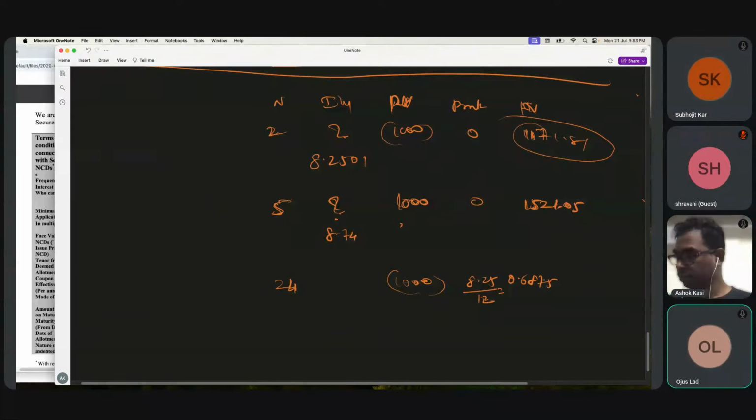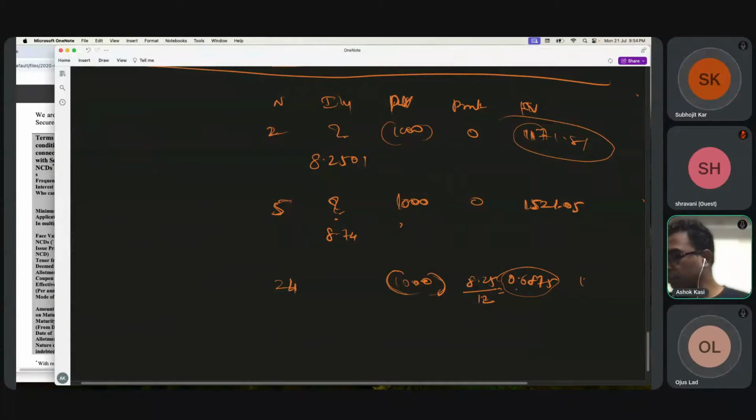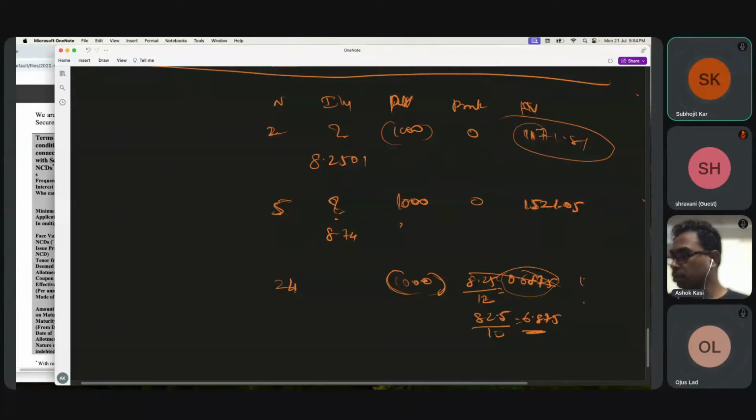Payment one will be negative, right? I'm spending 1,000, so I will receive the payment. Is this percentage? This is 1,000 rupees, na?